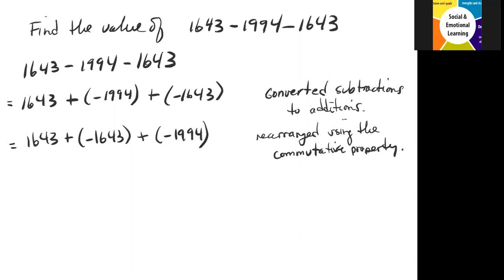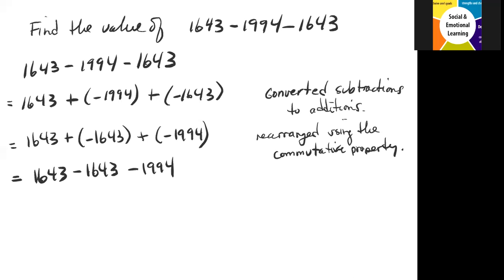And of course, we can take away the brackets now if we want to. 1643 plus minus 1643, we could rewrite that without the brackets. But now you're saying, well, why would I bother doing this? Why would I bother putting brackets around it to move it around and then just take the brackets away?